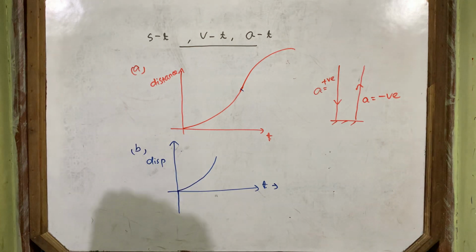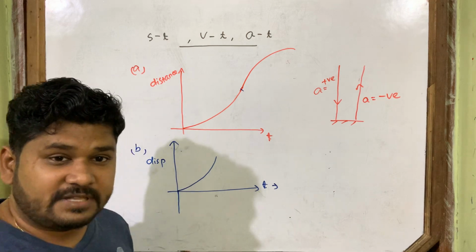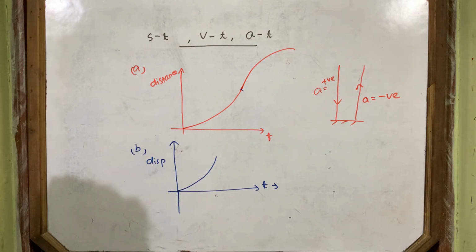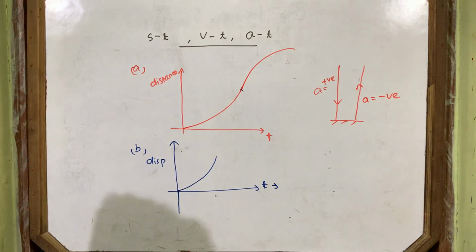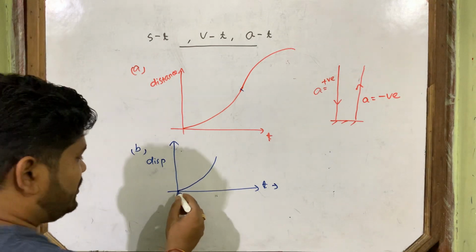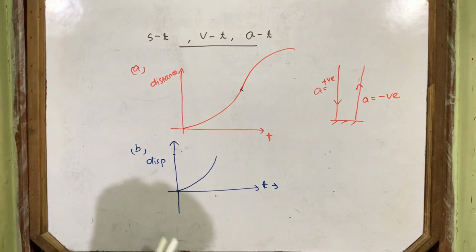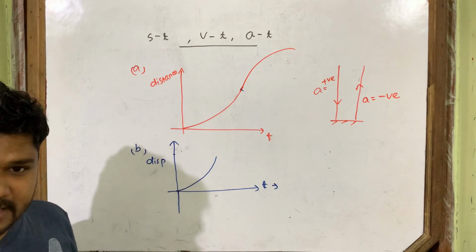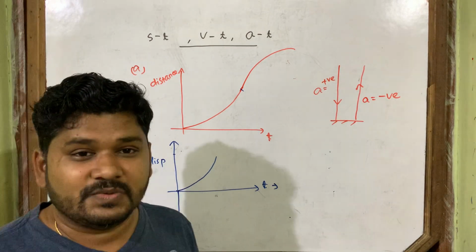Then when the body strikes the ground and after that moves in an upward direction, acceleration is now negative. If acceleration is negative, what happens? As it is displacement, however much it moves, it will come back, so its final displacement will be 0.